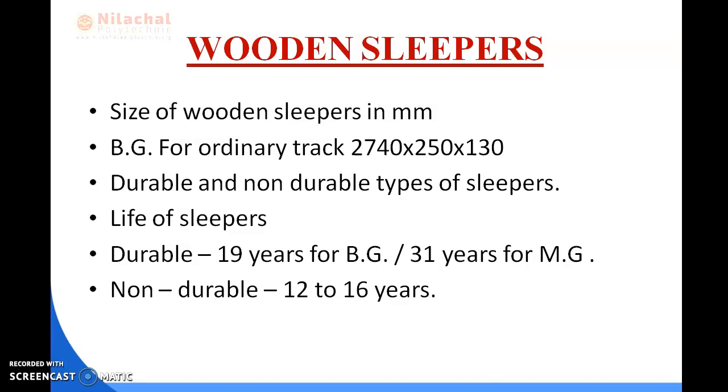The next one is durability. Wooden sleepers are of durable and non-durable types, because whenever we use good quality wood, that makes it durable, and whenever we use low quality wood for the sleeper, that will be non-durable. The sleeper life for durable ones is 19 years for broad gauge, and for meter gauge it is 31 years. For non-durable sleepers the lifespan is about 12 to 16 years.